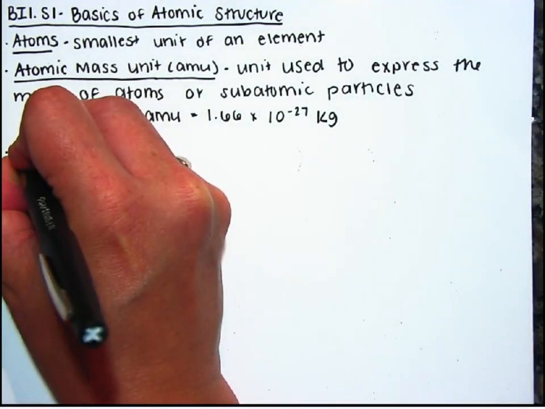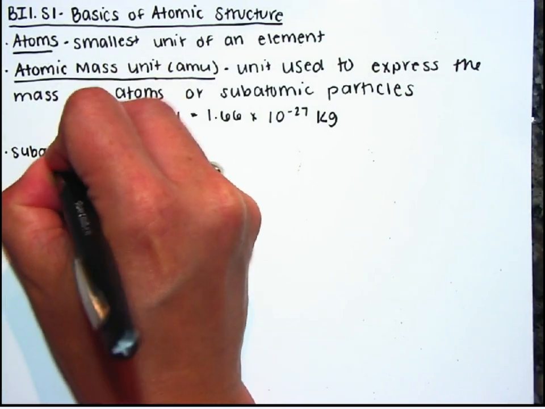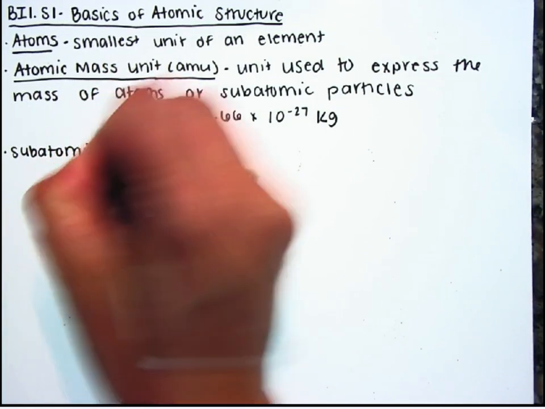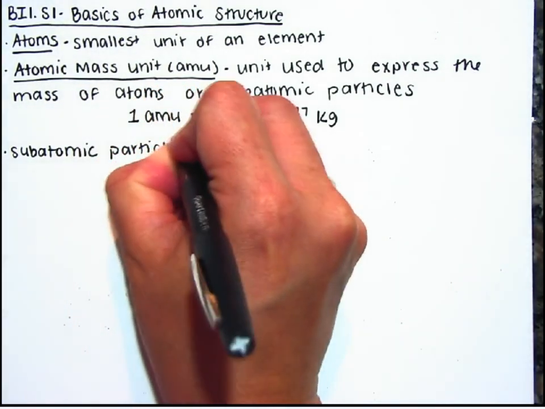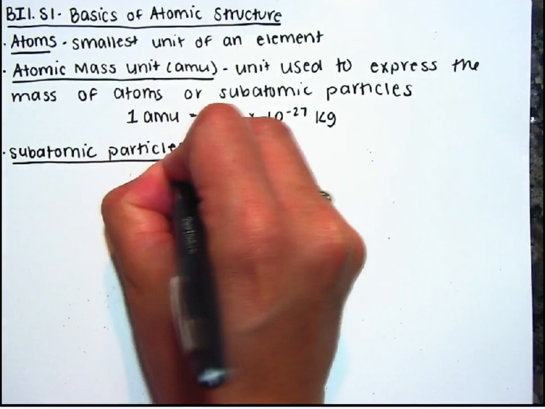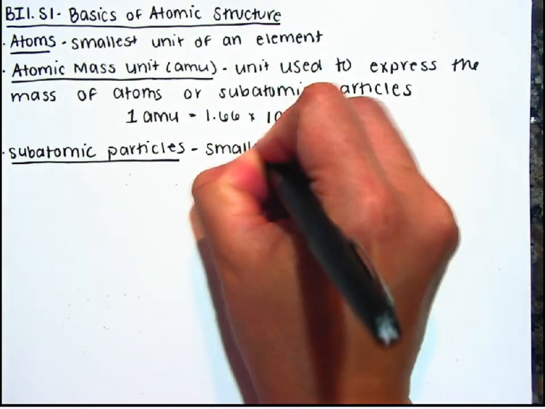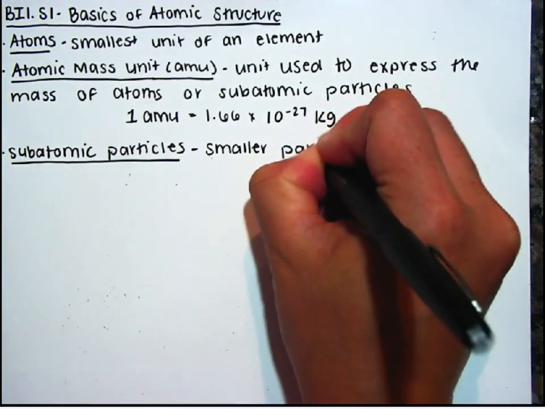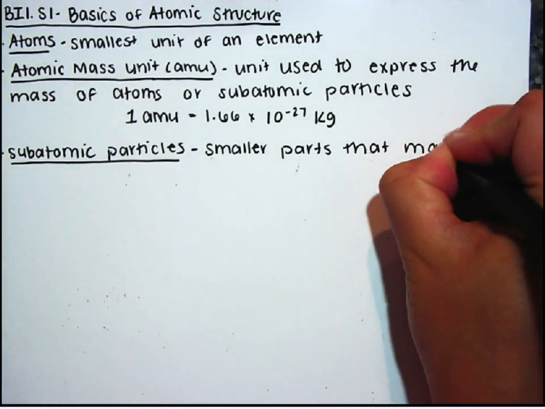So we said we're going to use atomic mass units to represent the mass of atoms or subatomic particles. We talked about what atoms are, but what are subatomic particles? Subatomic particles are the smaller parts that make up an atom.